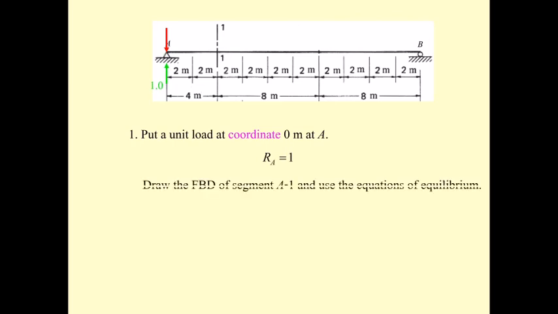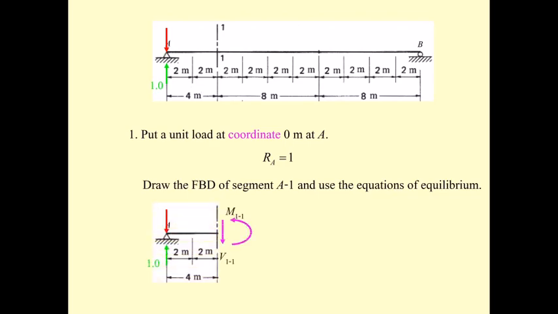And if you cut the section and draw the free body diagram of that part, you may see the shear force here is going to be V1-1 plus 1.0 equal to 1.0. So this one is going to be 0.